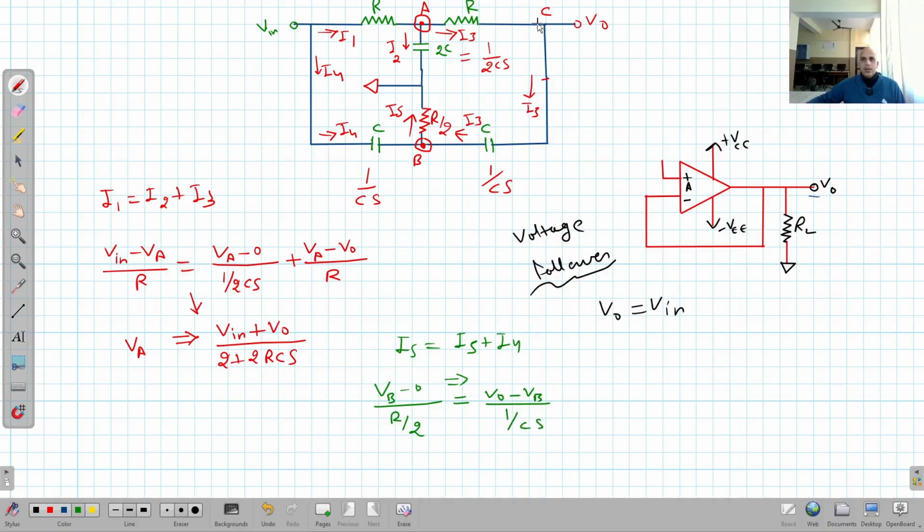This is I3, this is V output minus VB. Plus I4, meaning (V input minus VB) upon 1 upon CS.